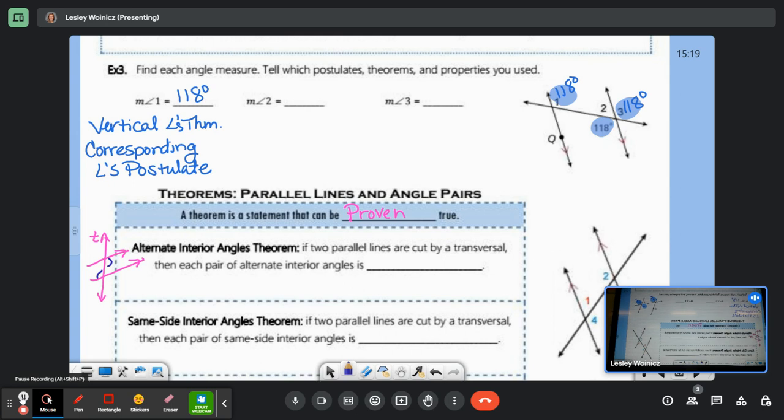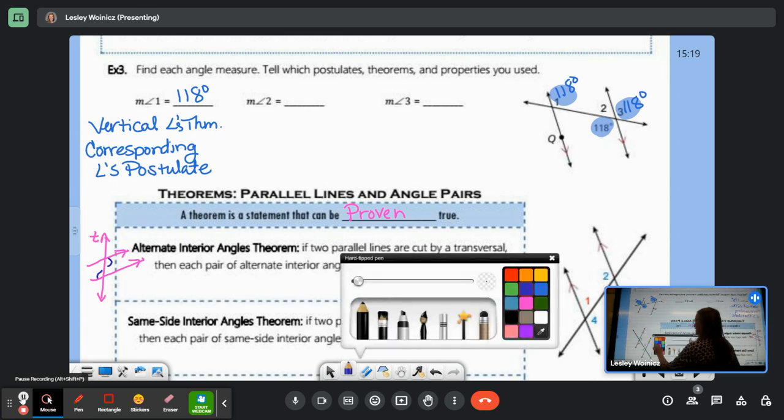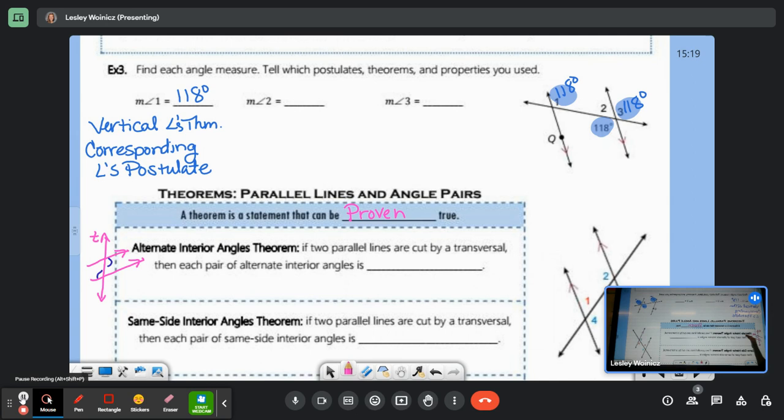Alternate interior angles theorem says that if two parallel lines are cut by a transversal, then each pair of alternate interior angles is congruent. Do you see how this one and this one are alternate interiors? These two are vertical and these two are corresponding.